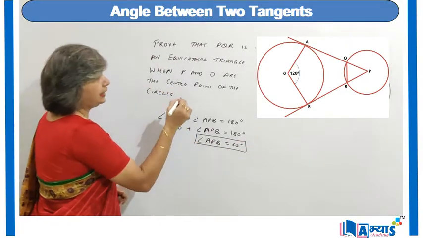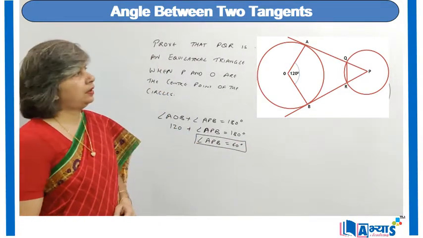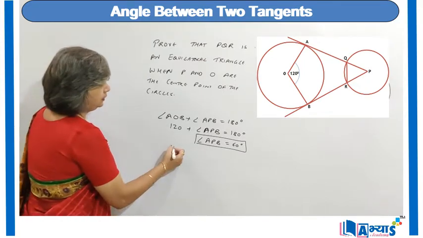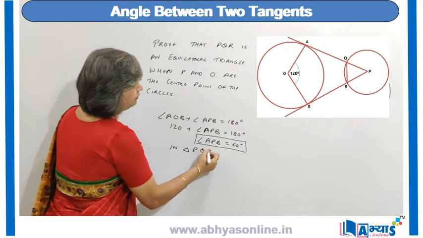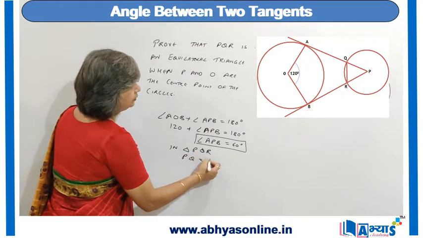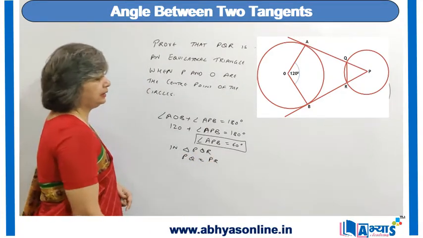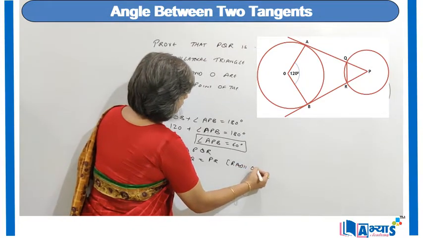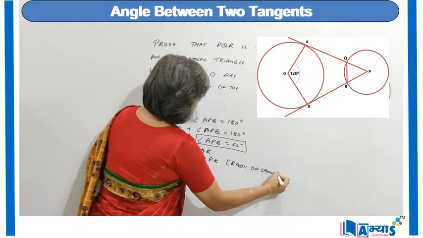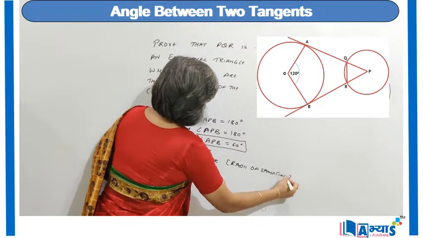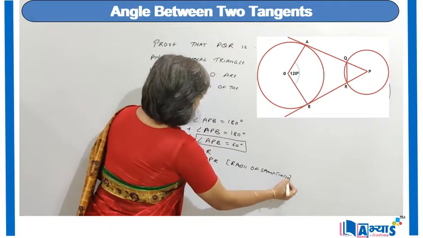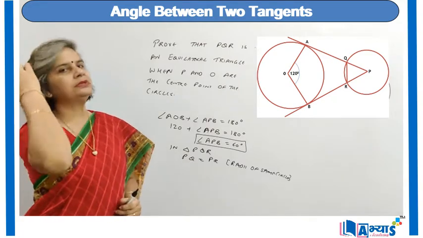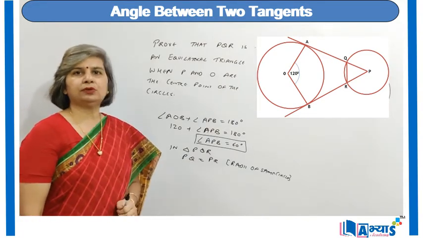So when angle APB is 60 degrees, now in triangle PQR, we know that PQ is equal to PR because they are the radii of the same circle. We know that the angles opposite to equal sides are also equal.